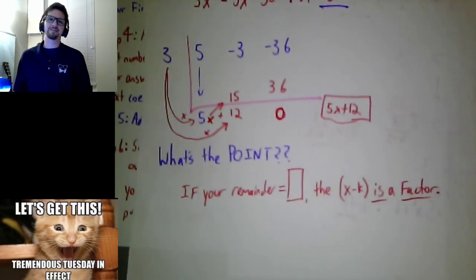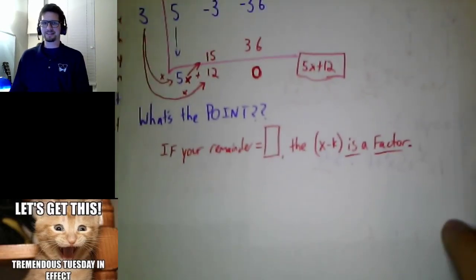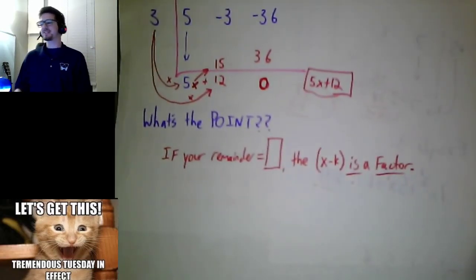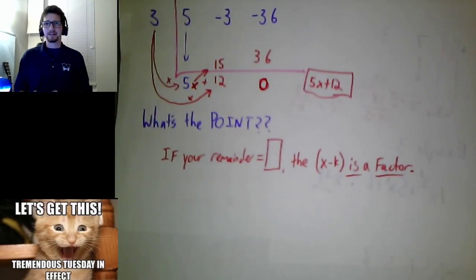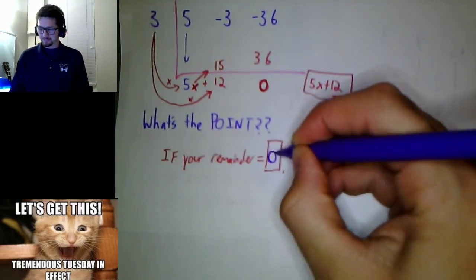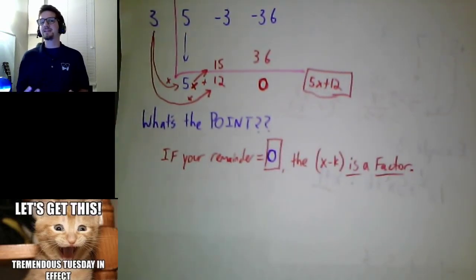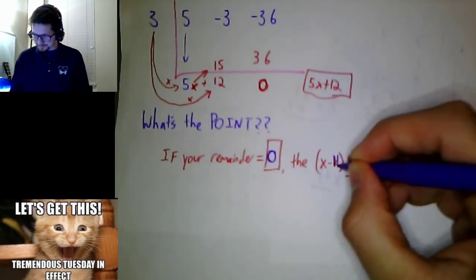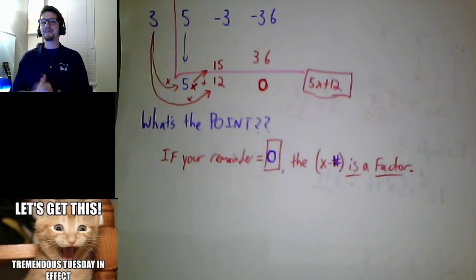So the question, what the heck is the point of this? Is this me just as a teacher wasting your time? No, not really. So what the point is, if in a synthetic division your remainder equals 0, then your x minus k, your x minus your number, is a factor of the other number.